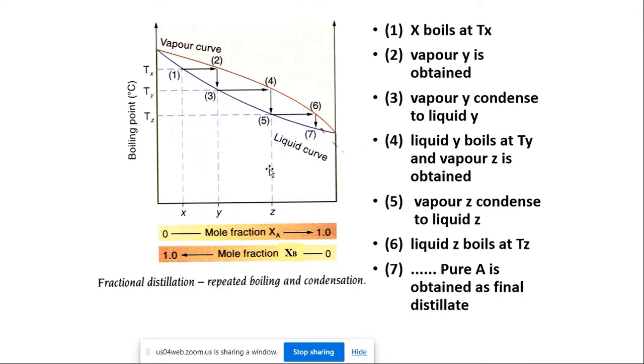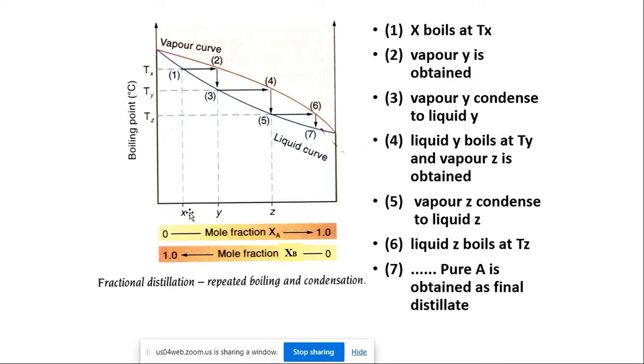right? So this is a mixture of A and B, right? Here you can see the boiling point. So if you have a mixture of A and B, consider crude oil as an example, a mixture of A and B. In the crude oil, you can identify the fraction of A and B. We call it mole fraction, right?